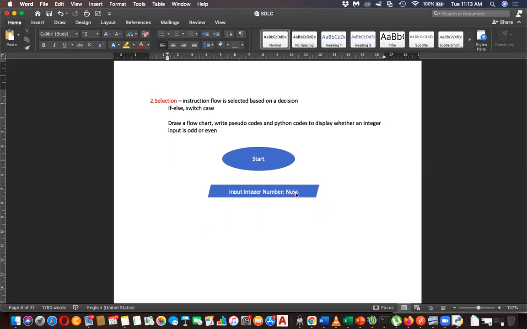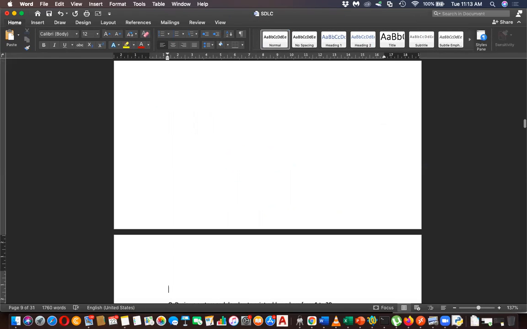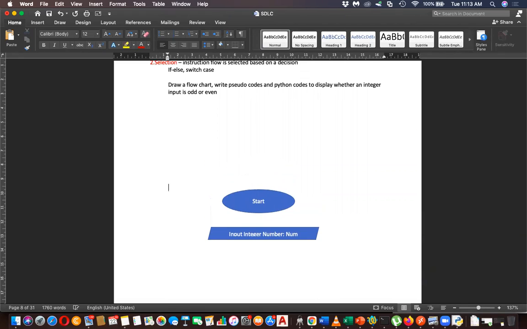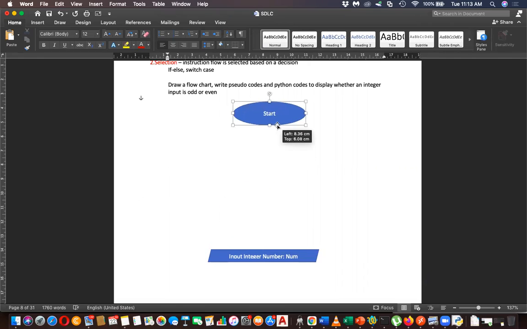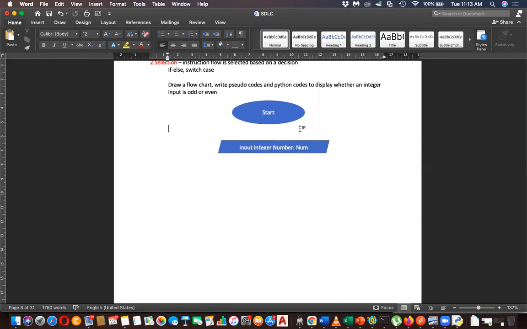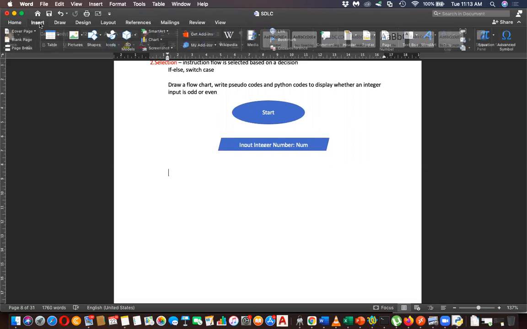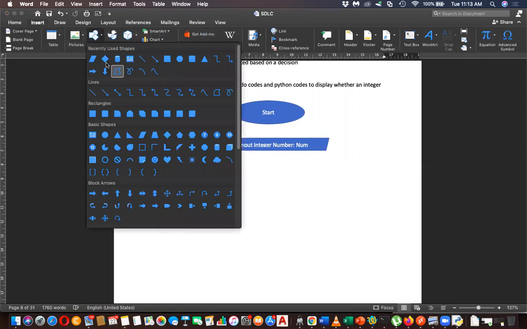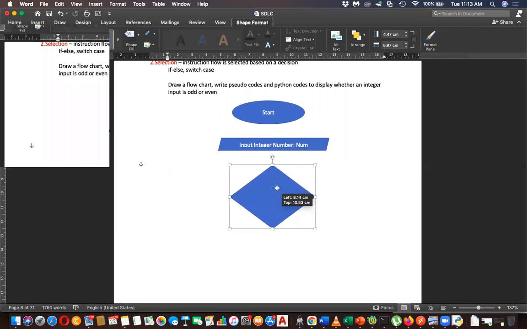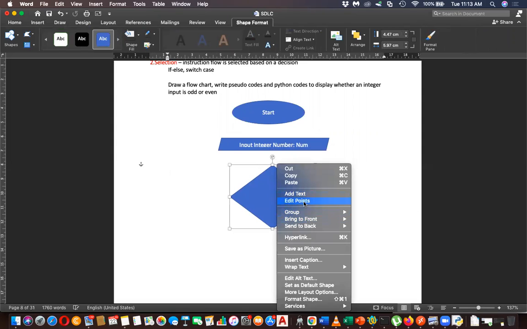After inputting, you have to check whether this number is odd or even. To check that, I am using a decision symbol. How to check whether odd or even?